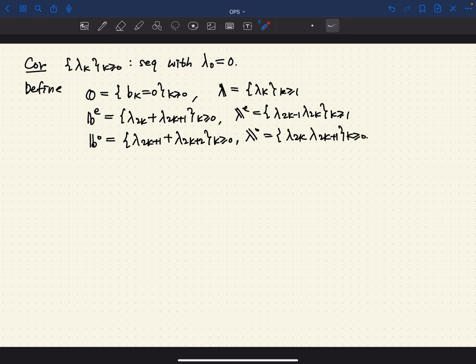Note that lambda 0 appears here, so if k equals 0, this is lambda 0, but we ignore that because that's going to be 0. That's why we want this.